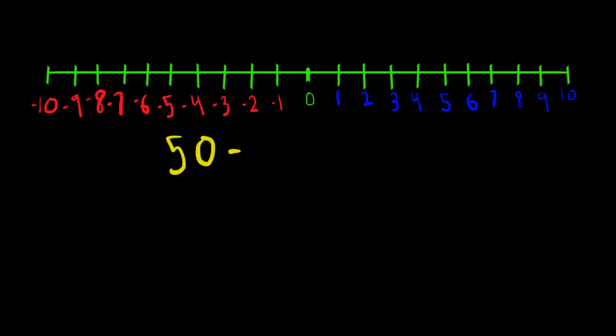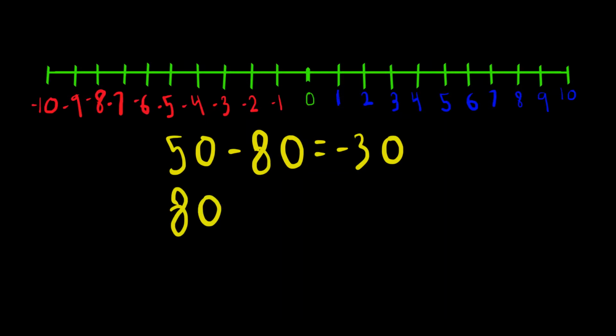But what happens if I need more money from the bank? I want to buy something that's worth $80. So, as you see, 50 minus 80 is negative 30. We can probably view this as opposites.